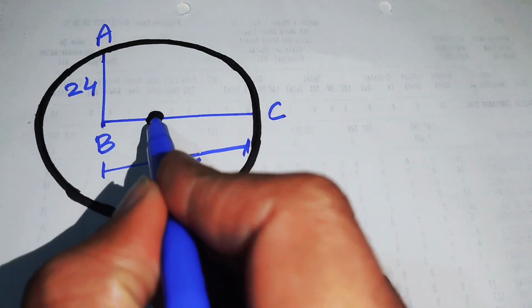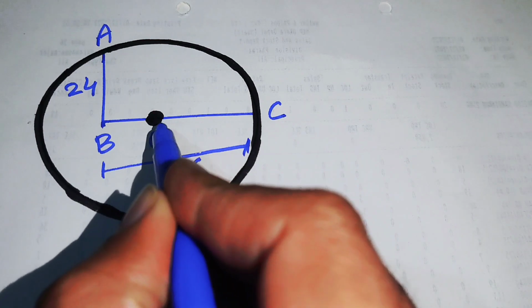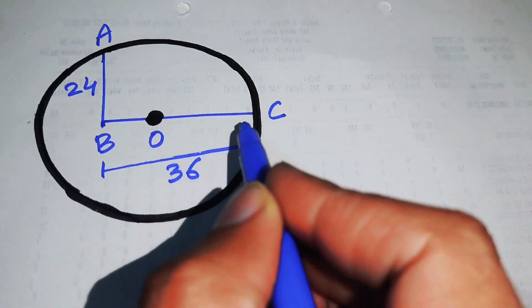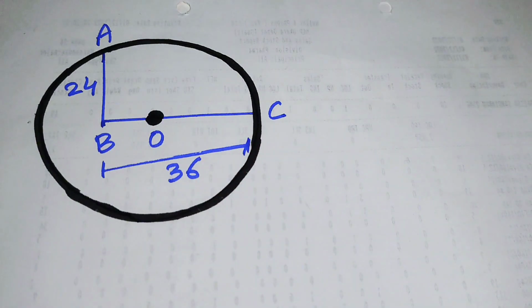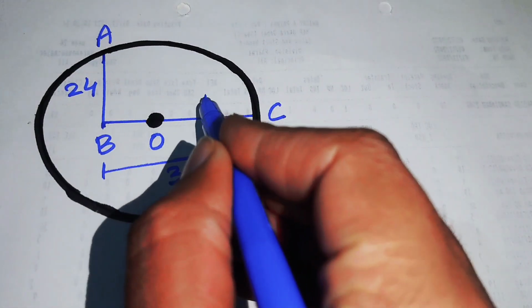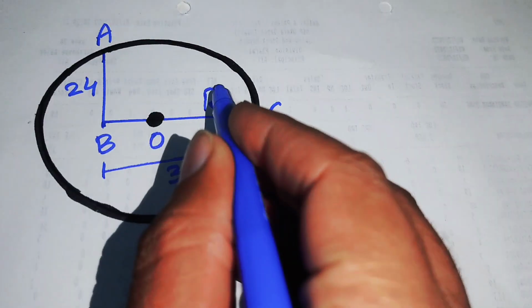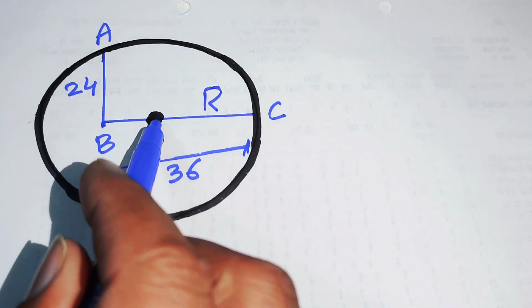So here we suppose that this is the center, and you know that the distance from the center to any point of the circle is called the radius of the circle. You see that this is the radius of the circle because it passes through the center.